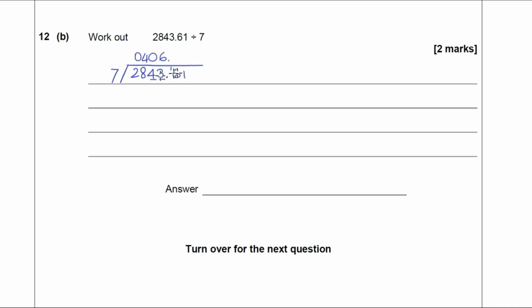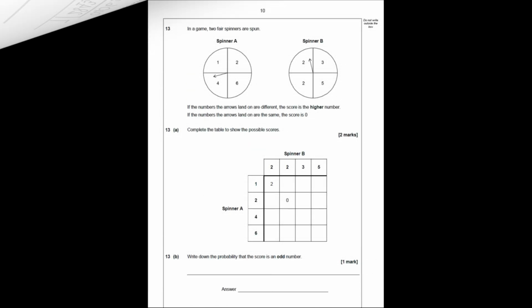And then 16 divided by 7, you get 2 for 14. 2 times 7 is 14. So you still have remainder. You get 2 remained here. 2 together with 1, they make 21. 21 divided by 7, it's 3. So we've got the answer, but we don't want to include this 0 at the front. 406.23.